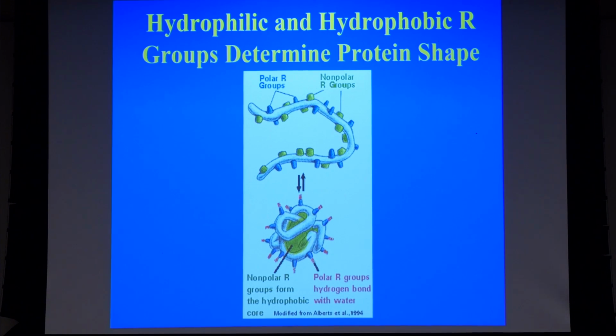In the process of making proteins, there are other molecules called chaperonins. And the chaperonins will, using ATP, using energy, force these proteins into particular shapes. And the chaperonins will also check to make sure those shapes are proper. So we do have three-dimensional shapes, most of it dependent upon the hydrophilic and hydrophobic nature of the R groups. But that's not the end-all and be-all.